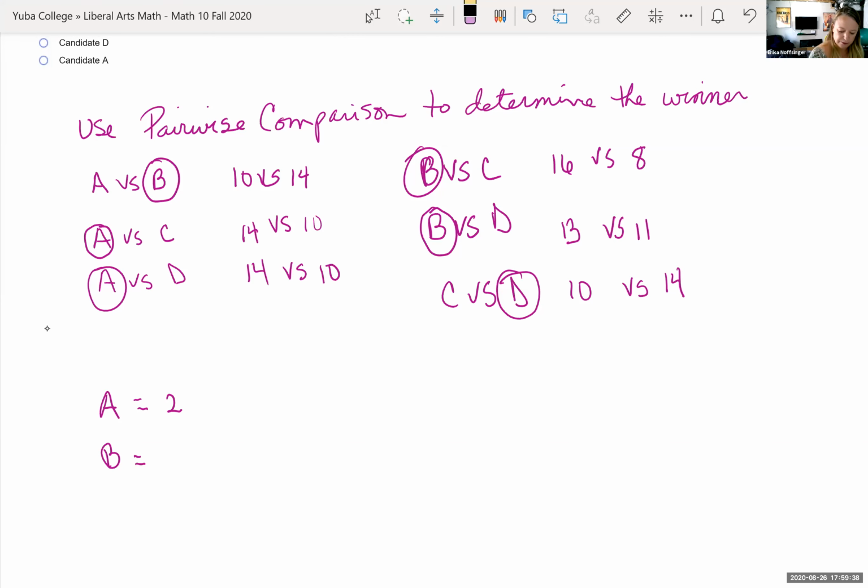So they've won 3 times. If you look at candidate C, doesn't look like C ever won. And D just won once. So out of the pairwise comparisons, B won the most out of being paired up with others.